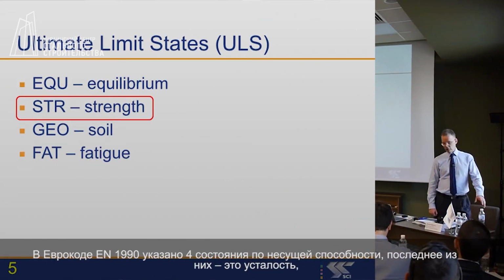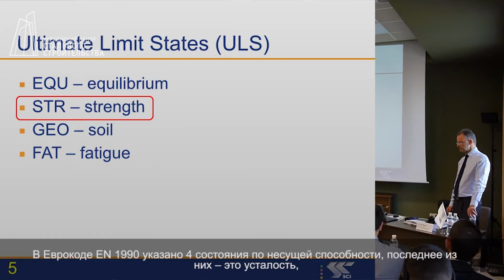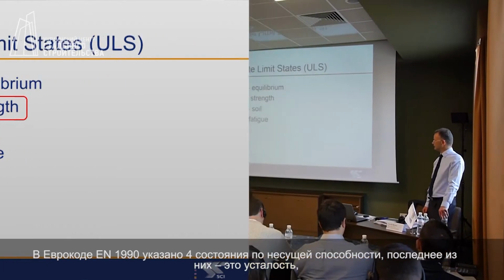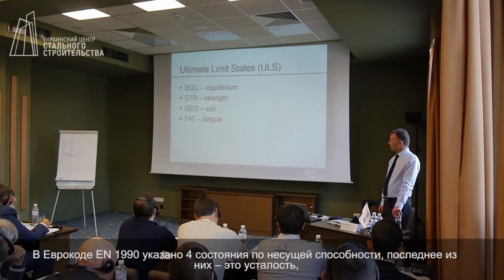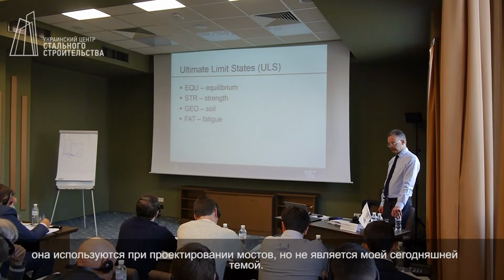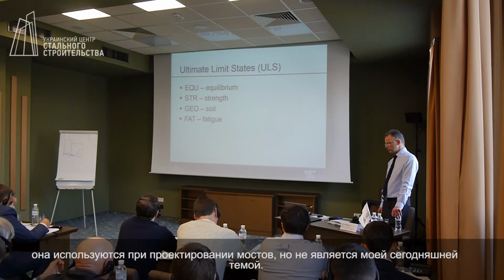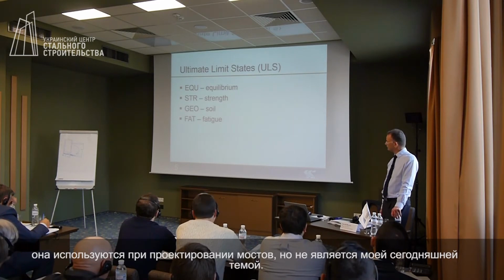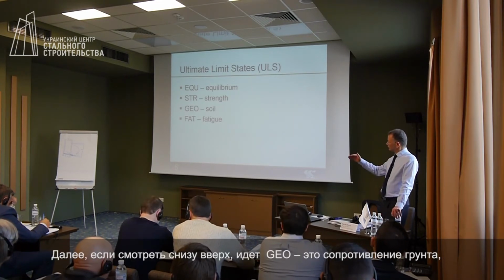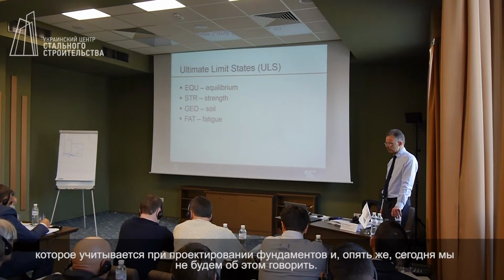So there are 4 ultimate limit states in EN 1990. The final one there is fatigue, and that will be of interest to bridge designers. Not my subject today. The next one up is Geo for geotechnics. So that would be for foundation designers.